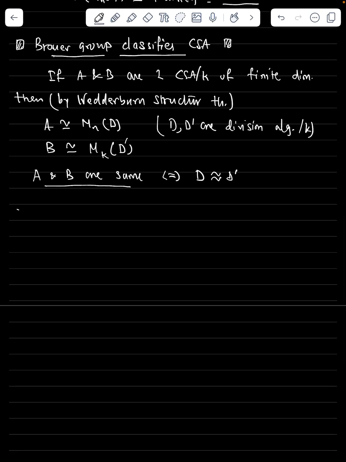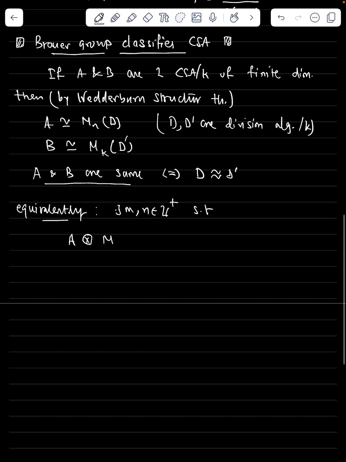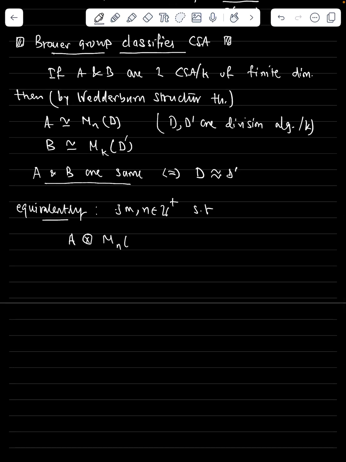And equivalently, one can also check that this equivalence relation is the same as saying that there exist positive integers m and n such that A tensor M_m(K) is isomorphic to B tensor M_n(K).